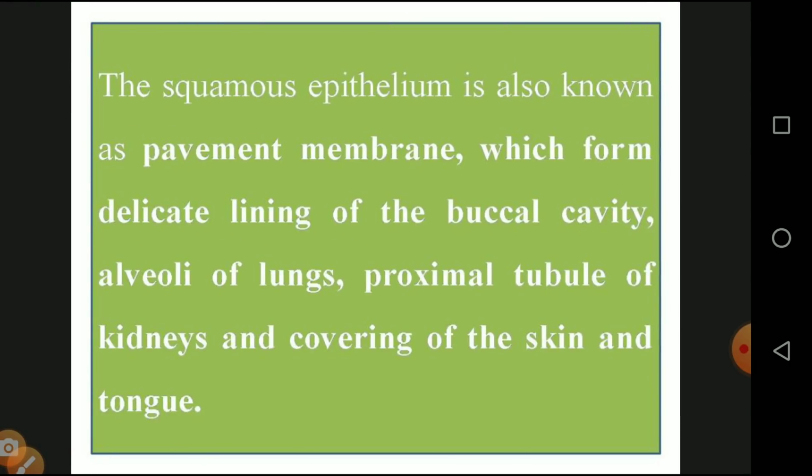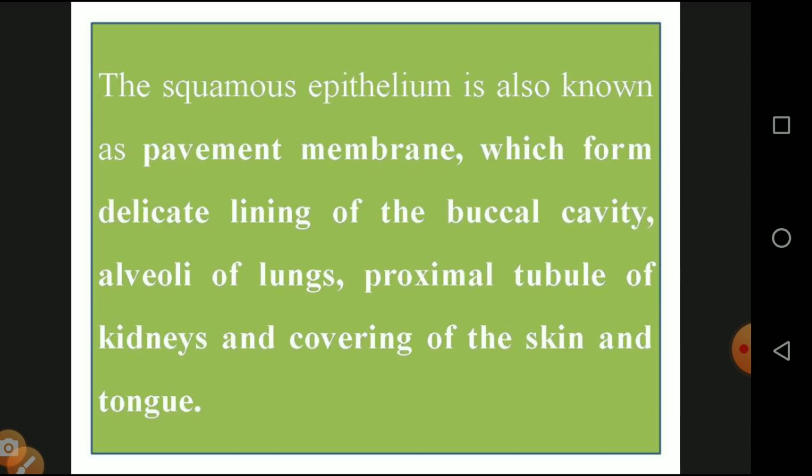Then the squamous epithelium is also known as pavement epithelium, which forms the delicate lining of the buccal cavity in our mouth, the alveoli of the lungs, the air sacs of the lungs, and the proximal tubule of the kidneys. They filter the urine and uric acid. They cover the skin and tongue. They are present in the skin as well as in the tongue.